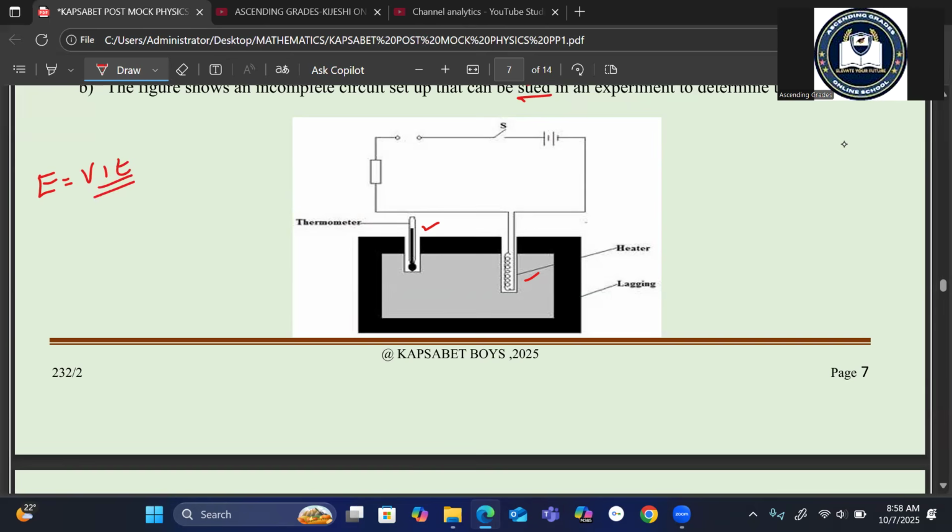So generally from this one, we should include the measurement of the voltage and the current. We know that voltage is measured across the source like this. So that one is included. We are having a switch. So at this part, we can include the ammeter.